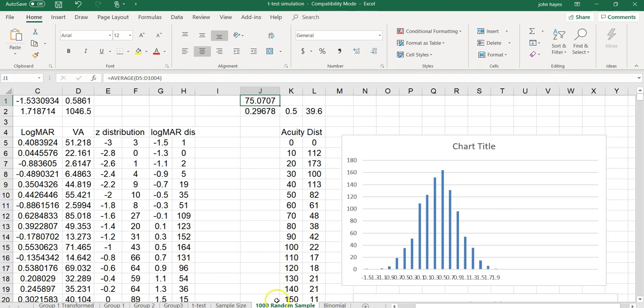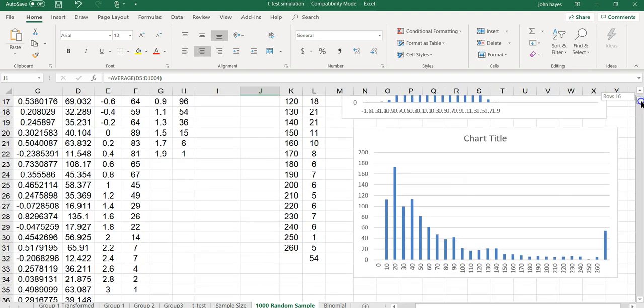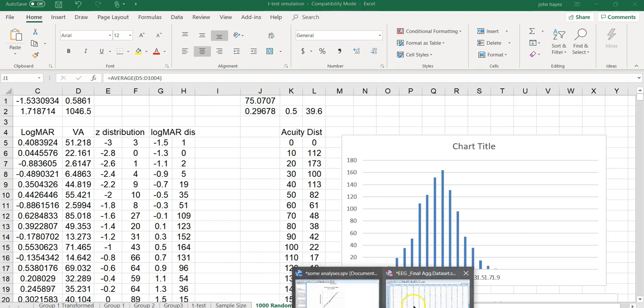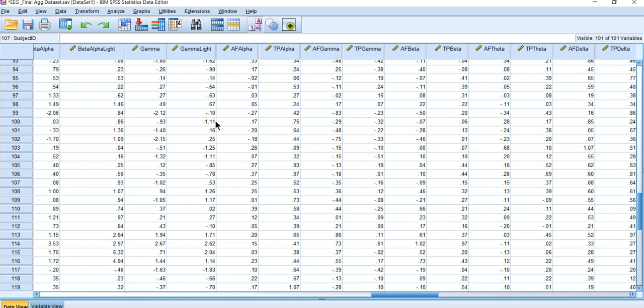All right, well, let's say we have a set of data and we want to test: is it normal or is it kind of skewed? Well, we do that with a QQ plot. For example, here is a set of EEG values, and we have a whole bunch of them.